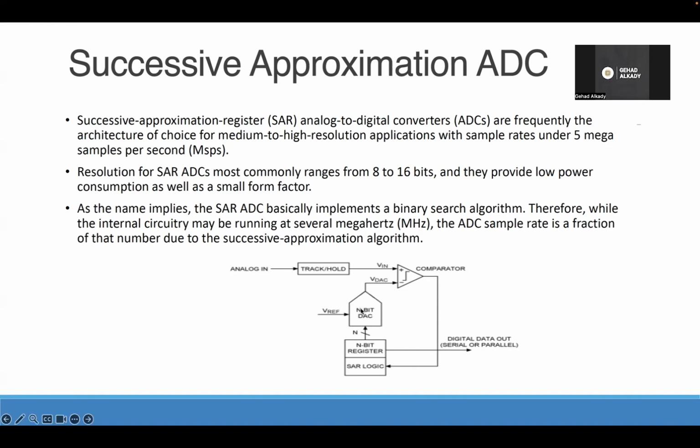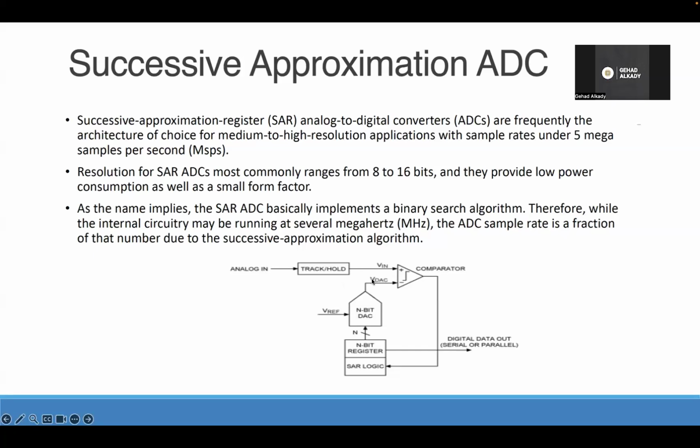This Vref can be, for example, 5 volts, which is the maximum value that the ADC is operating on. Then this block generates 2 to the power n analog voltage values from the reference value provided here, by dividing the reference voltage into 2 to the power n steps.